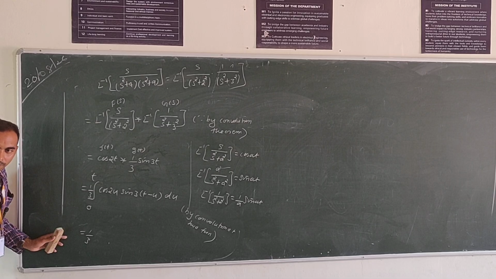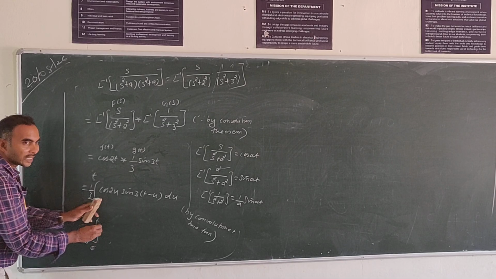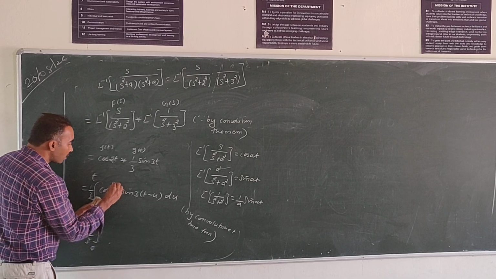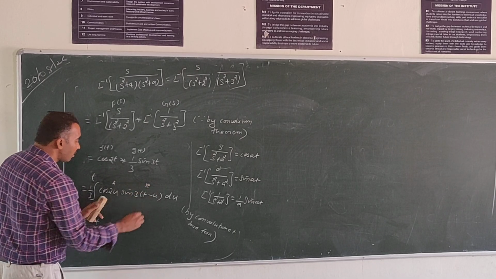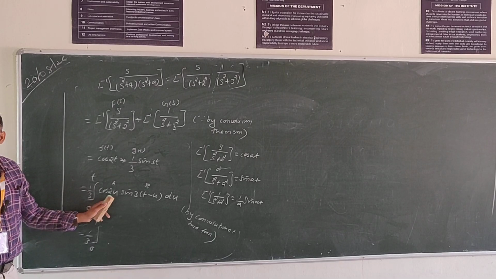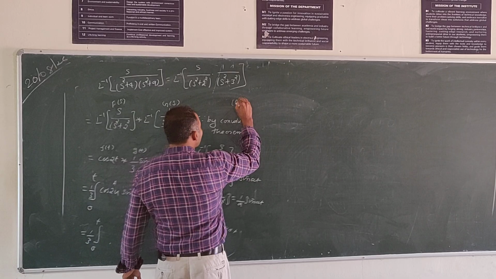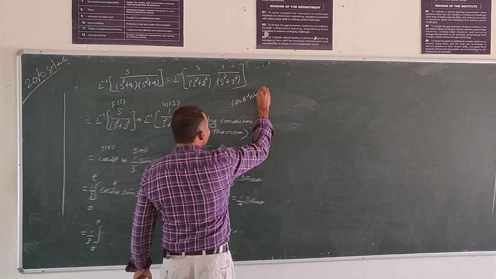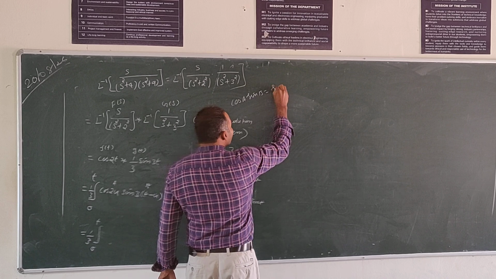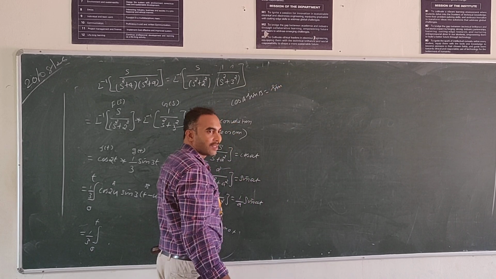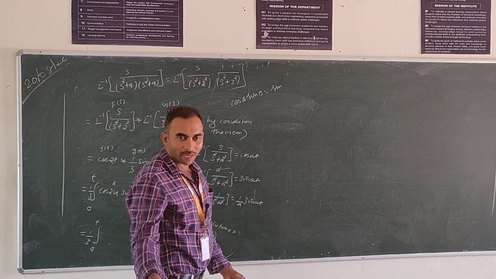1 by 3, listen, integral 0 to t, this is in the form of the cos A sin B formula. What is the cos A sin B formula? It is a trigonometry formula: 1 by 2 into sin(A plus B) plus sin(A minus B).